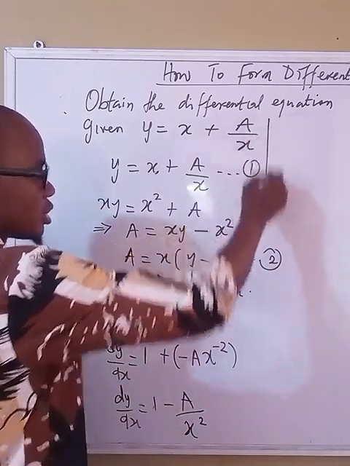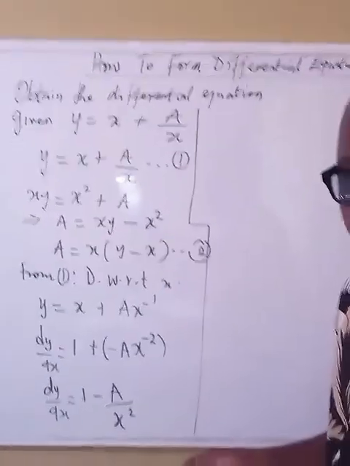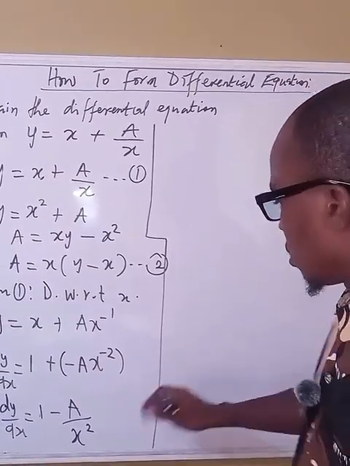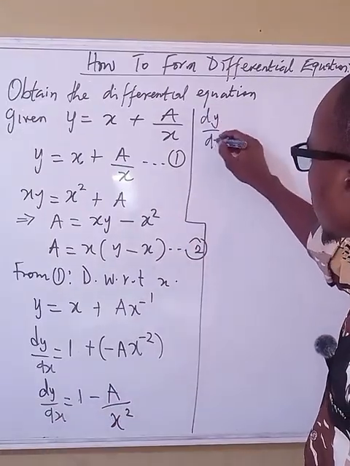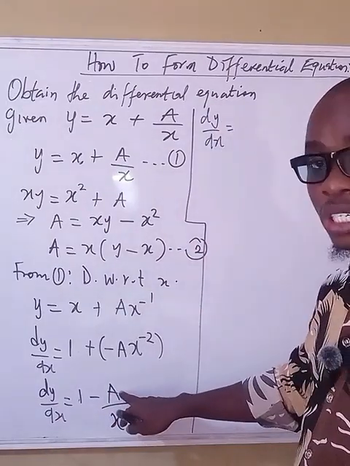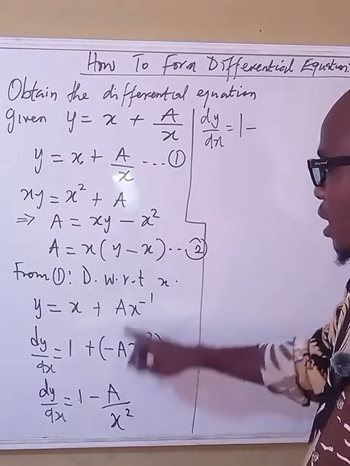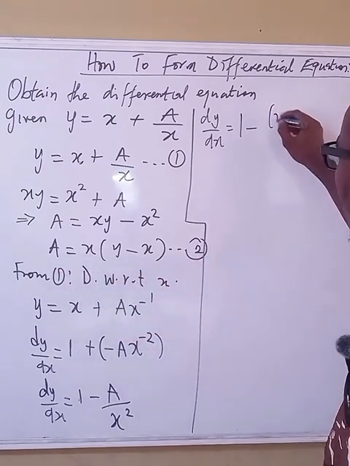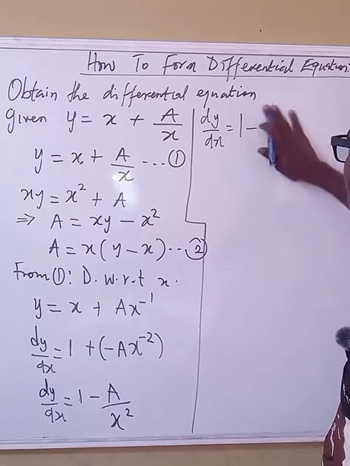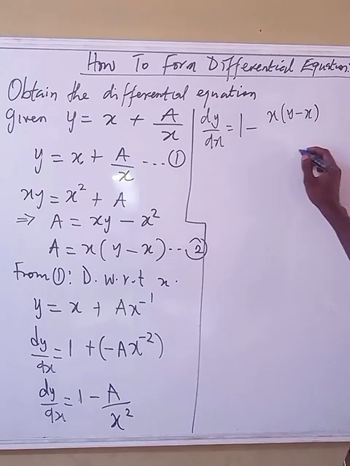The next thing we're going to do, since we have dy dx there, we're going to have dy dx equals, we are still having the arbitrary constant a here, 1 minus, what is my a according to what I have here? a is x into bracket y minus x, then divided by x squared.